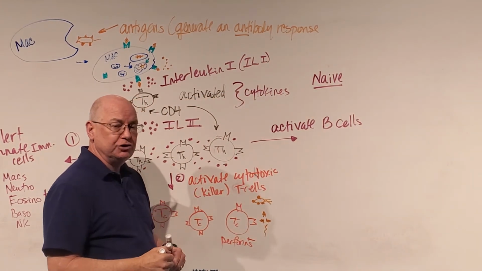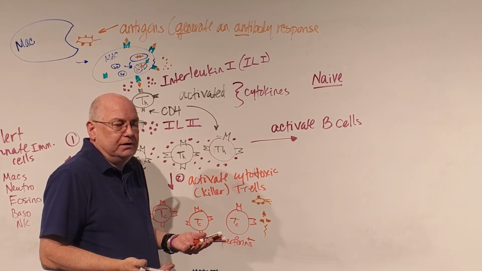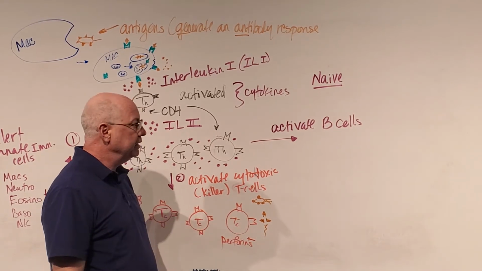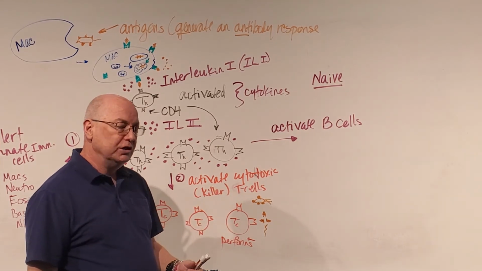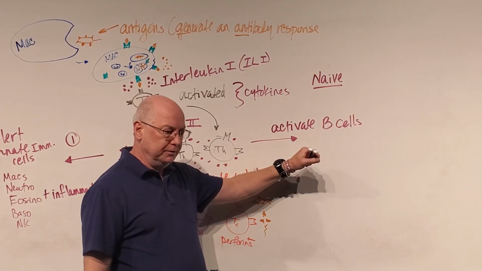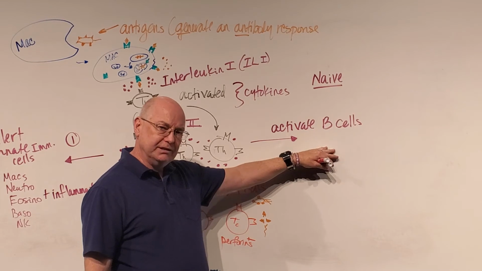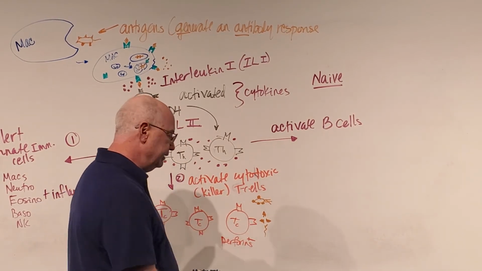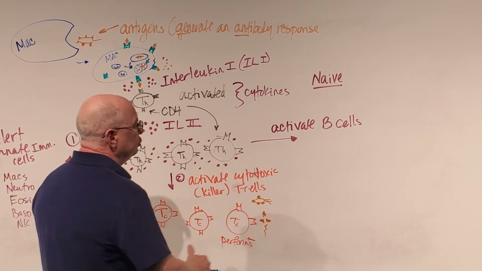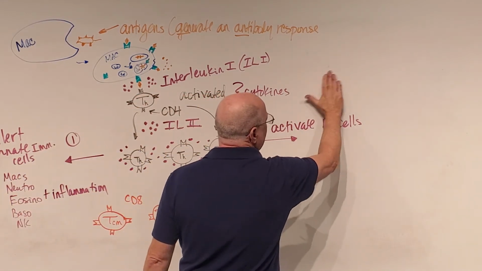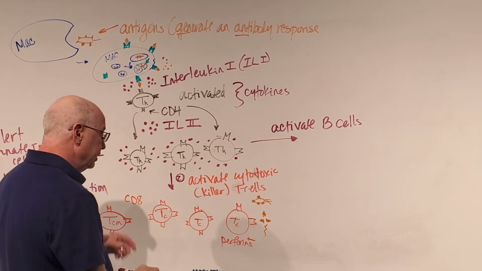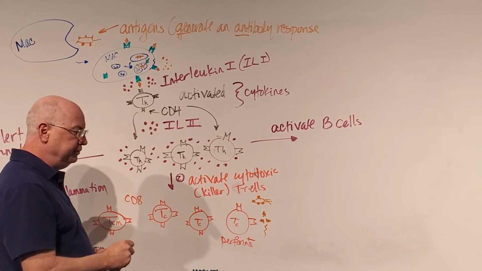And naive cells are cells that don't know how to respond because they've never been exposed to this specific foreign invader. But once exposed, then they become what we call competent cells. They're competent at recognizing and dealing with the foreign invader. So these B cells are naive. They're not exposed. Some people call them virgin B cells, but they're usually called naive B cells.